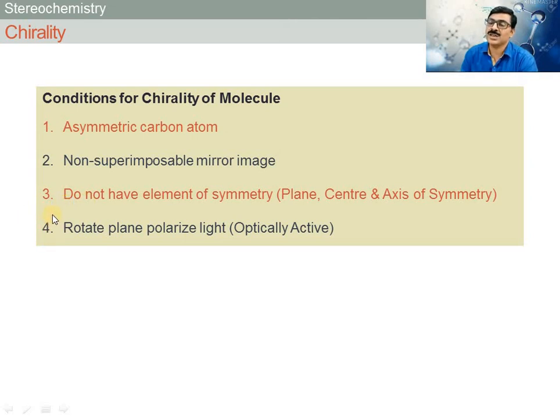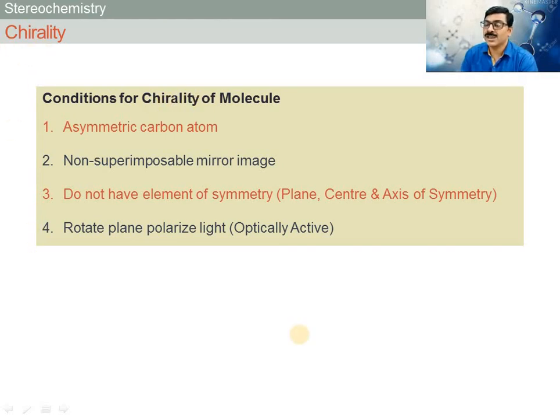And the fourth condition is that such a type of molecule rotates plane polarized light. Means an optically active compound is a chiral molecule, and those molecules which satisfy all these four conditions are called chiral molecules, and the phenomenon is called chirality.